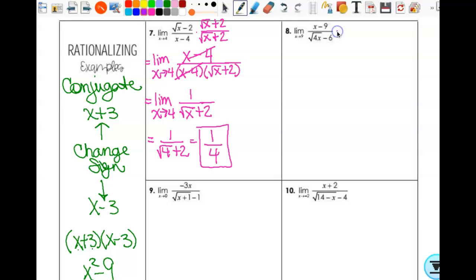The square root here is in the denominator, so I want the conjugate of the denominator, so that's the square root of 4x, and then plus 6. So in the numerator, that's also the square root of 4x plus 6.